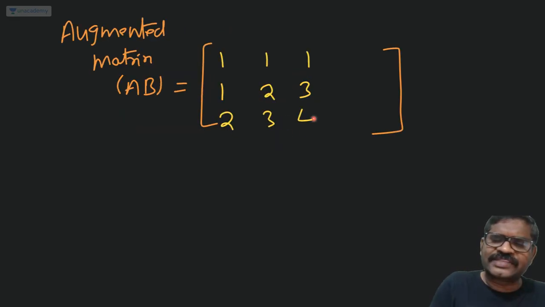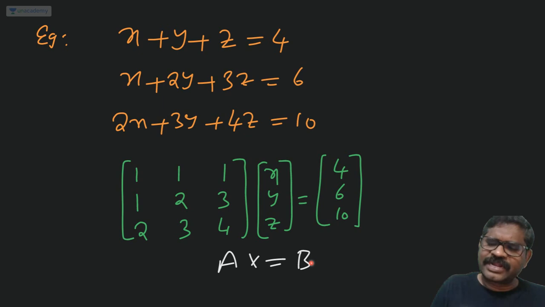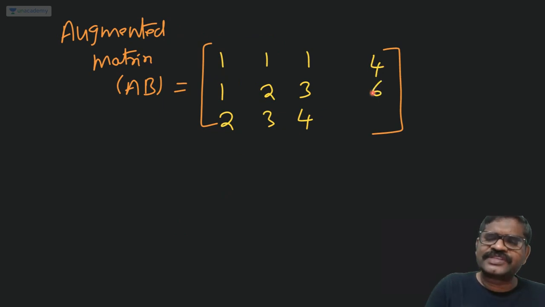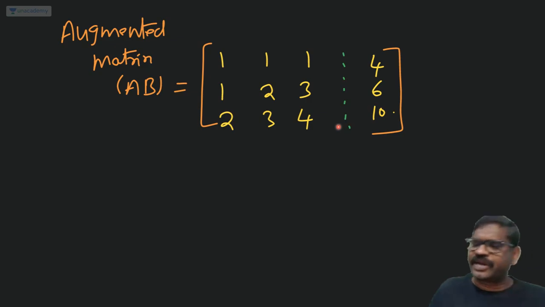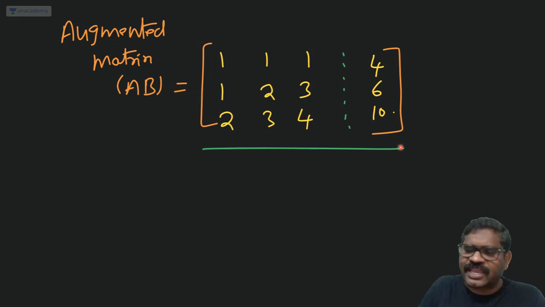That is matrix A. Matrix B: 4, 6, 10. On the left side of this dotted line you have matrix A. The complete matrix is the augmented matrix AB.